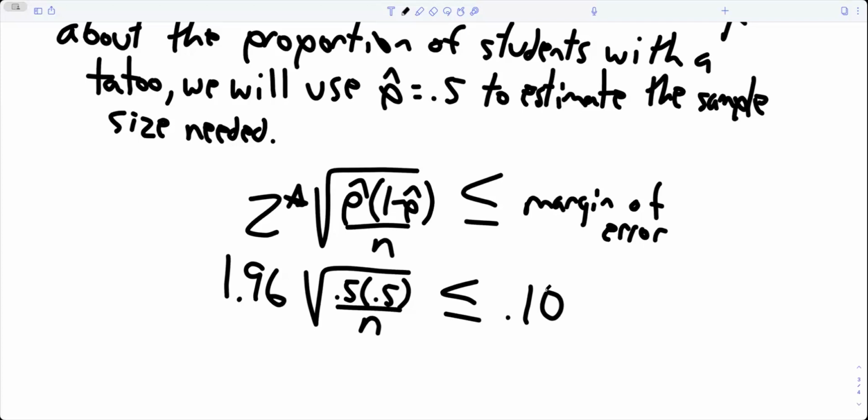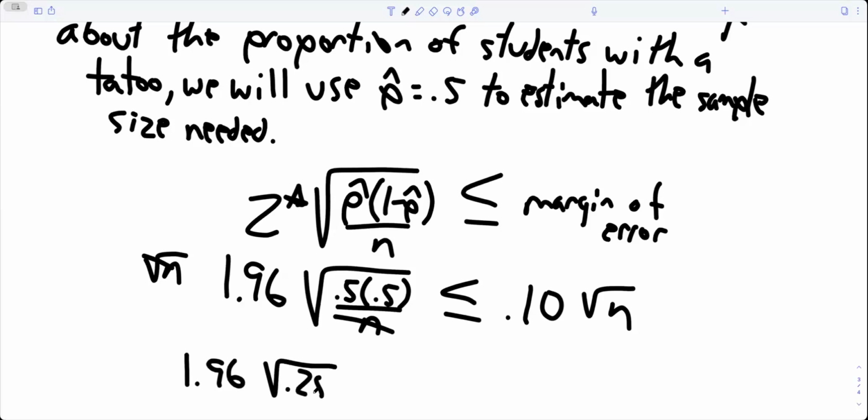All right, so I'm going to do a little algebra. So I'm going to solve for n. So I'm going to multiply by the square root of n on both sides. That will get rid of that. Okay, so that's going to give me 1.96 times the square root of 0.25 less than or equal to 0.1 square root of n.